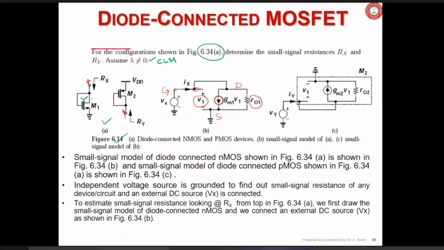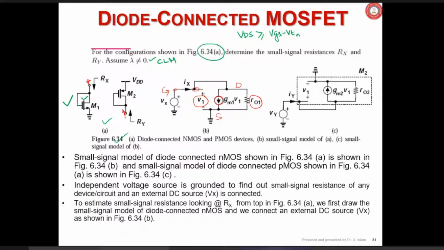In a diode connected MOSFET, can you tell in which region it is operating? We know that for the saturation region, VDS should be greater than or equal to VGS minus VT. We are considering an NMOSFET, so it is VTN.